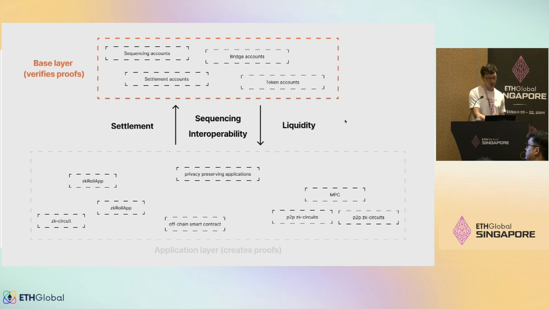That can be zk rollups, normal circuits, MPC computation, peer-to-peer zk circuits, whatever you can imagine. They can use settlement, sequencing, interoperability, and liquidity sharing to interoperate with the base layer and have this common subset of truth, while still having their own identity and their own implementations.